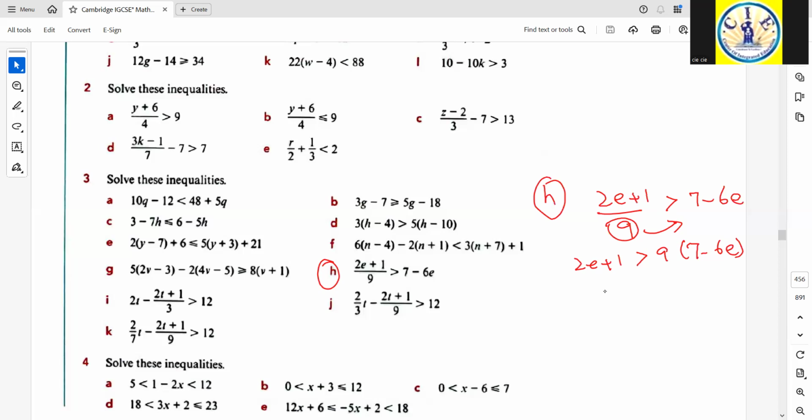So 2e plus 1 greater than 63 and minus 54e.